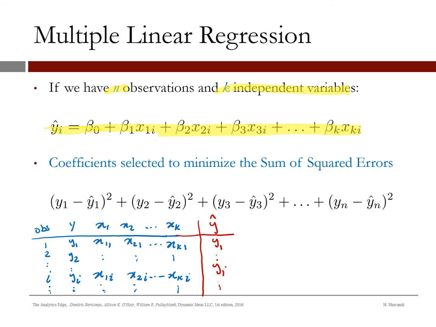As you see here, beta 0 is an intercept, and then the slopes or the coefficients beta 1, beta 2. So beta 0, beta 1 up to beta k are the coefficients, and we have this linear function to predict the dependent variable of observation i.